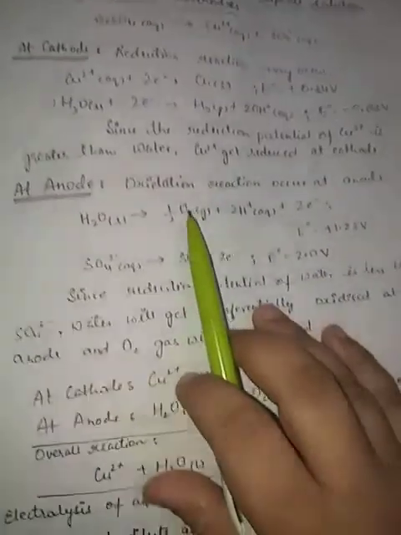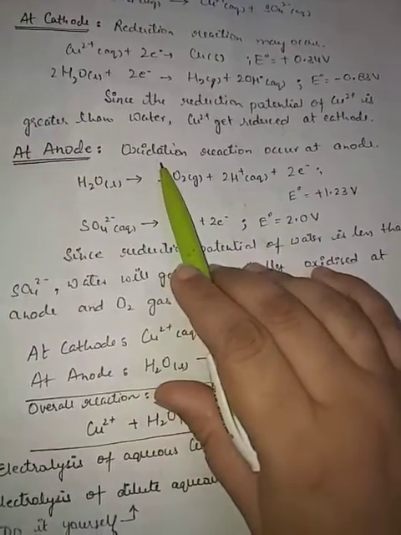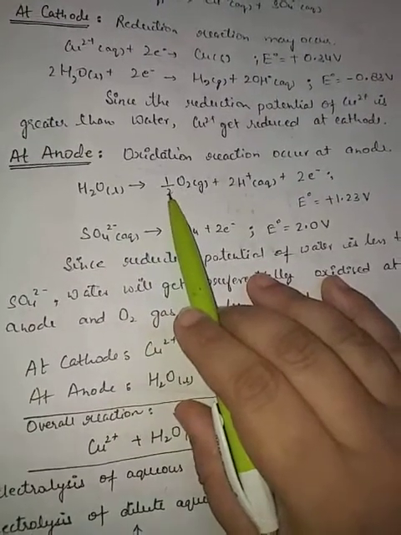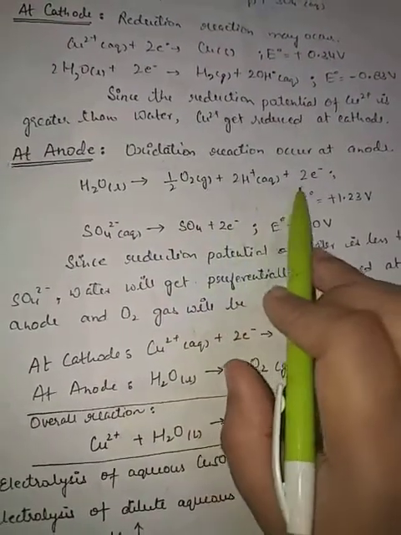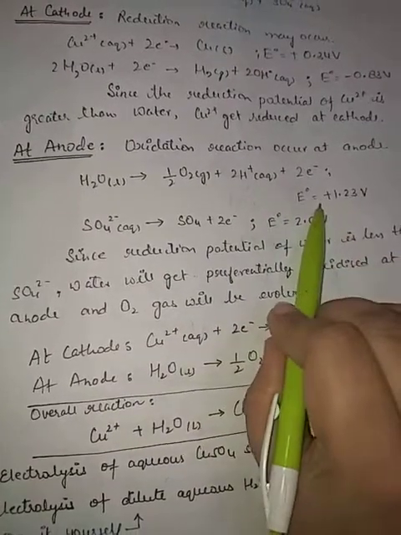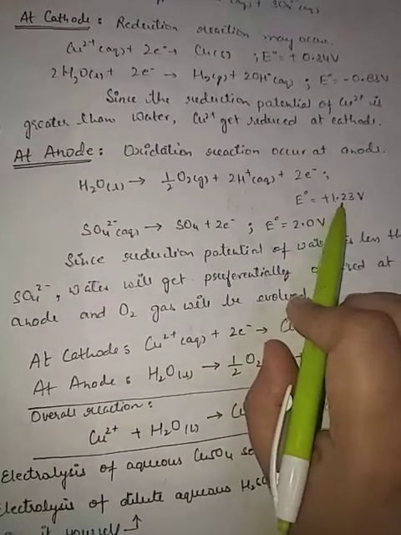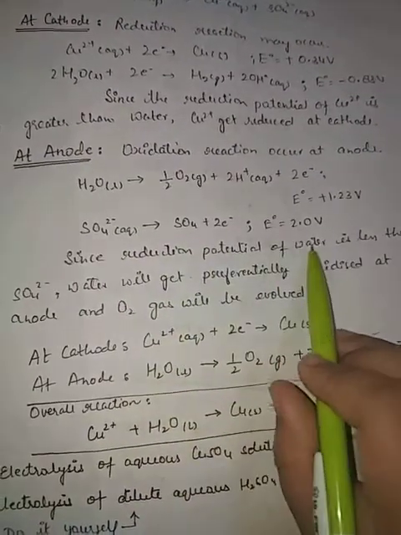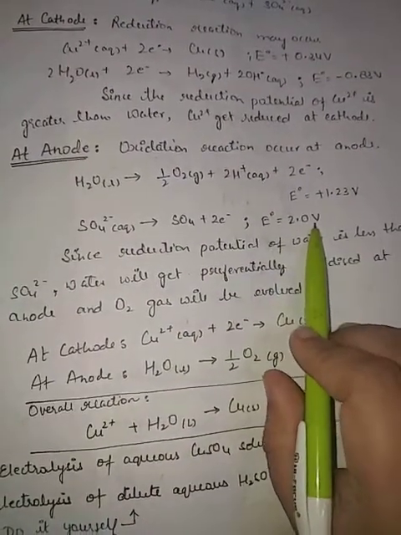If we talk about the anode, the oxidation reaction will occur at the anode. Water will form half O2 plus 2H plus plus 2 electrons. Its reduction potential value is plus 1.23 volt. Sulfate's reduction potential value is 2 volt.